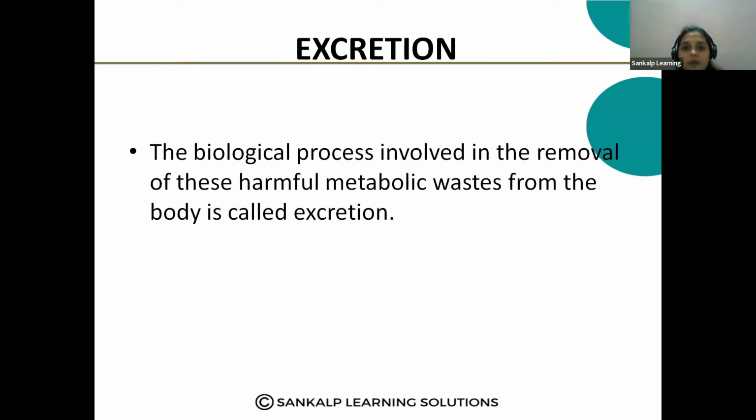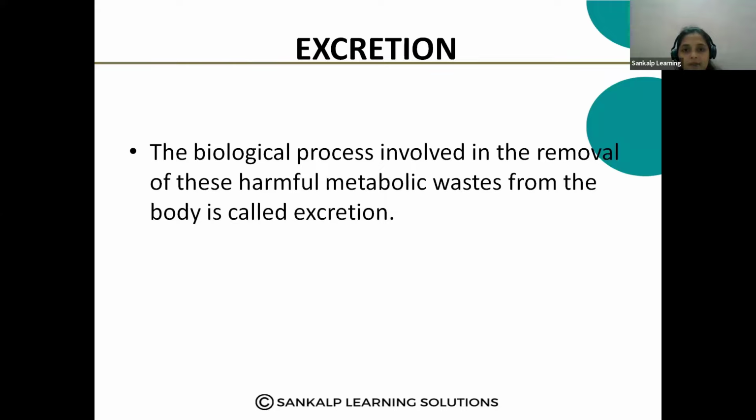So next topic is excretion. Excretion is the fourth life process that we are studying. Already we studied nutrition, which is also one of the important processes, the second one, respiration, the third one, transportation, and the last one we are studying is excretion, both in animals and plants.